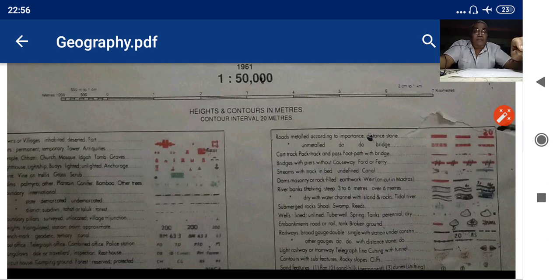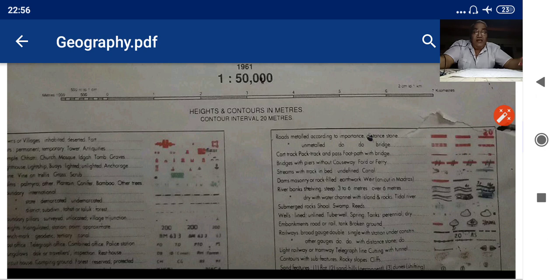The second scale on the topo sheet is shown with the help of a line below RF. This line is divided at the interval of 2 centimeter to 1 kilometer. At the end it shows 7 kilometer at the interval of 2 centimeter each. To the left hand side, 2 centimeter is divided in 10 parts.